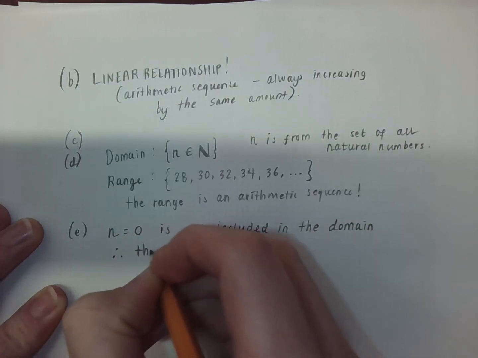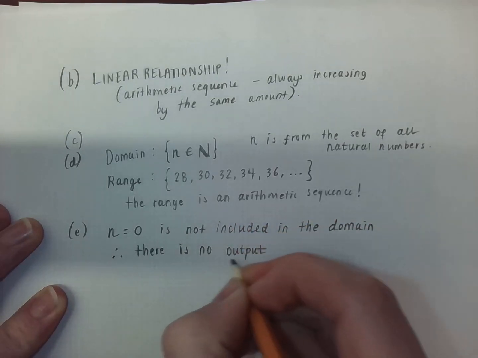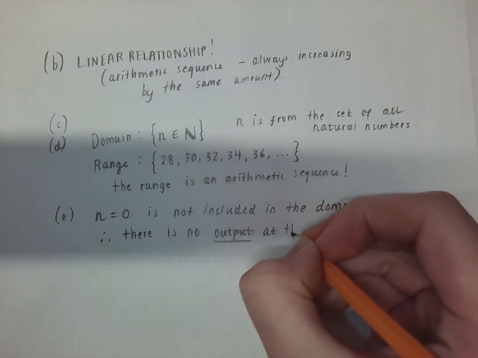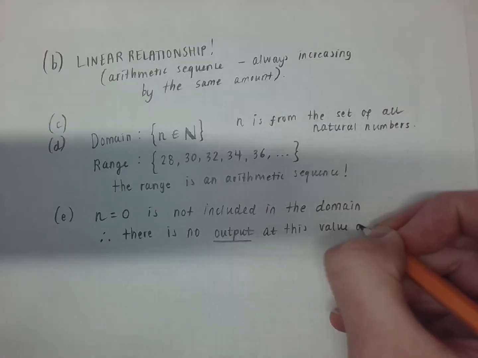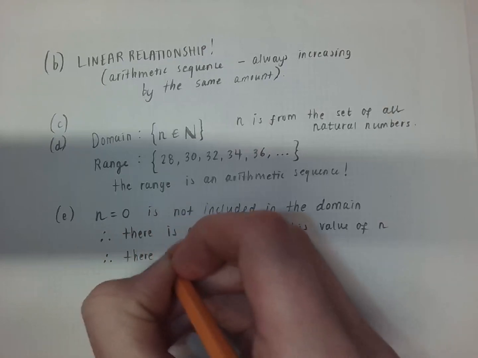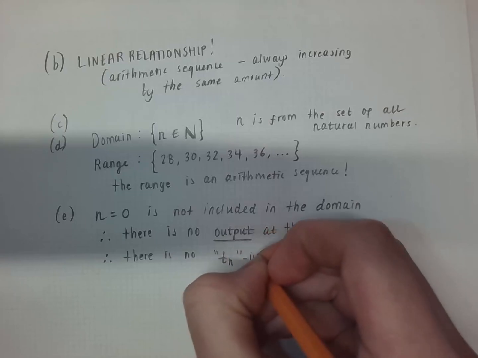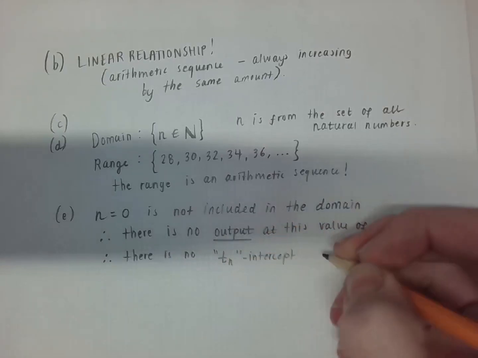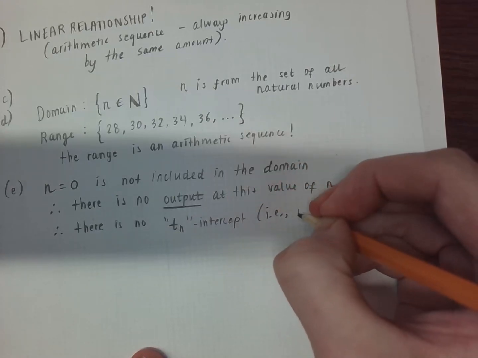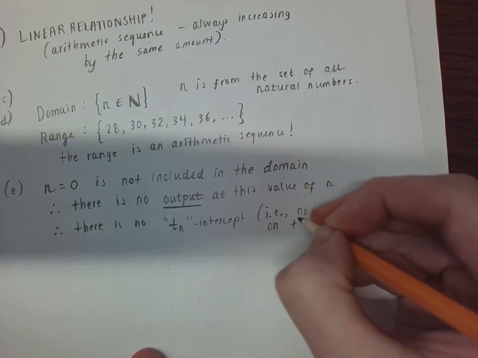Therefore, there is no output at this value. Therefore, there is no Tn intercept, which would be, in other words, no intercept on the vertical axis.